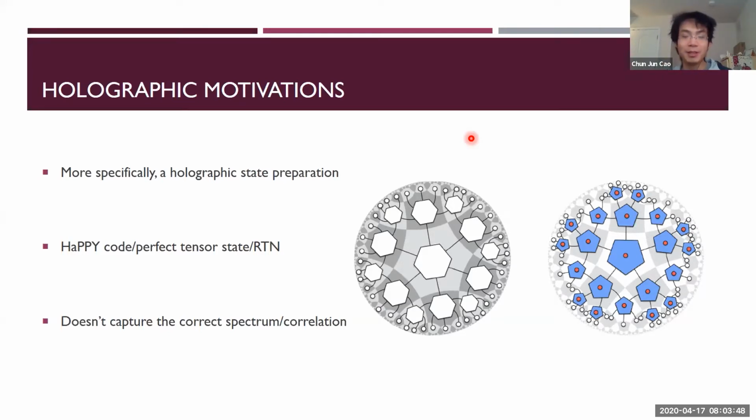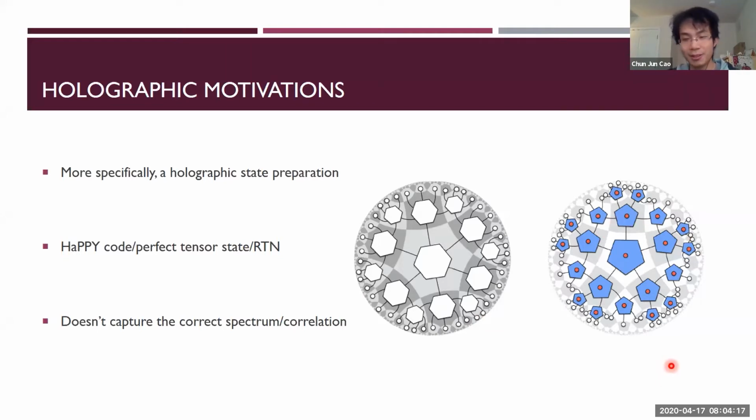In the past decade, we have learned a lot about how tensor networks are a very powerful tool. They can be used to construct very geometric and very simple toy models for these kinds of holographic states. For example, the happy code. I guess this is called a holographic state, but I would probably just call it the perfect tensor state. It reproduces the RT formula, or the happy code itself.